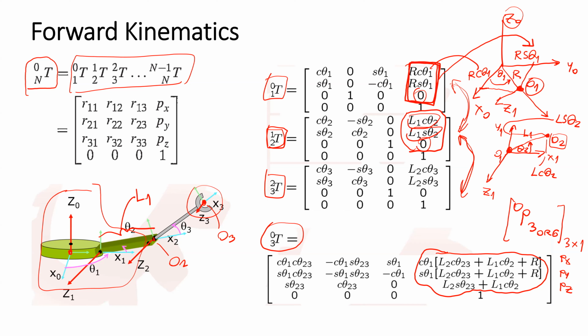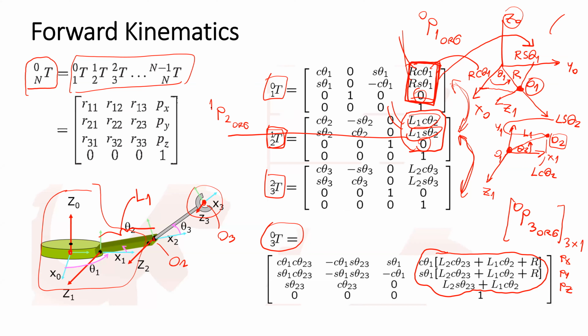So for the subsystem, the relationship between the neighboring frames is true for the P1 origin with respect to frame 0, and it's also true for the frame 2 origin with respect to frame 1.